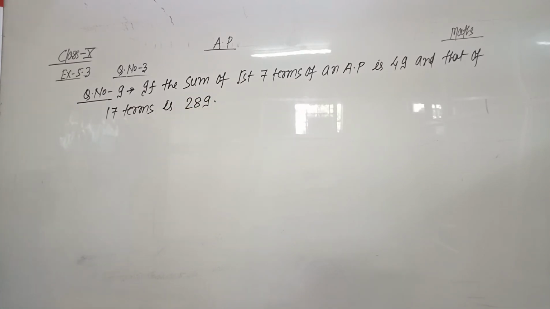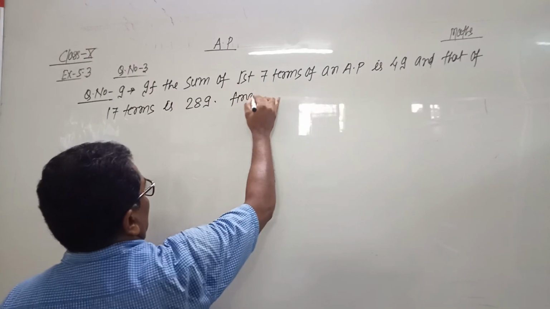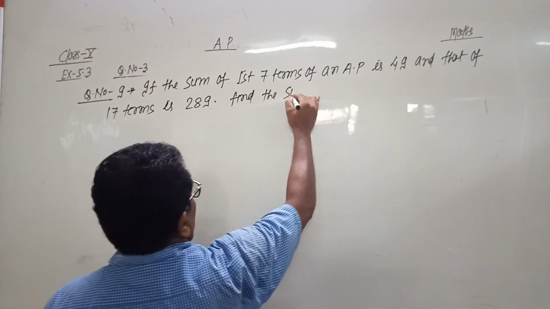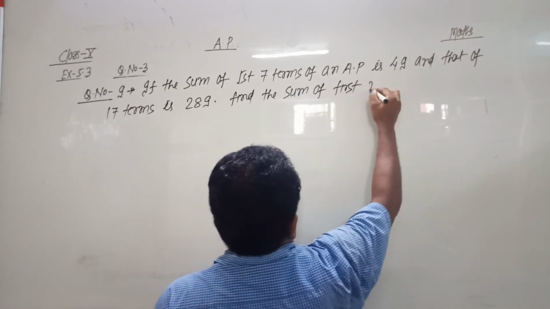Sum of first 7 terms is 49 and 17 terms is 289.